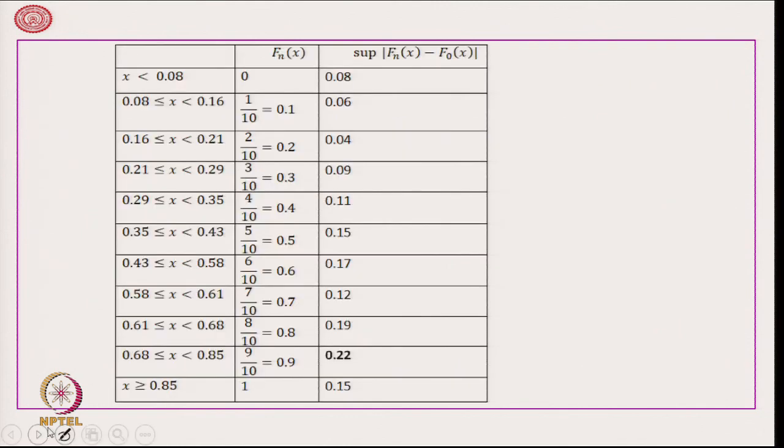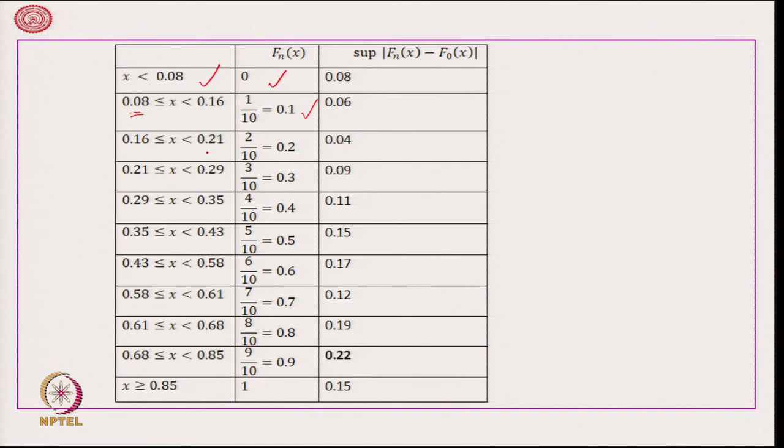So, what are we doing? We had these values. For x less than 0.08, we did not get any observation, so that is 0. For between 0.08 and less than 0.16, we have got only one observation, 0.08, therefore Fn(x) is equal to 0.1.